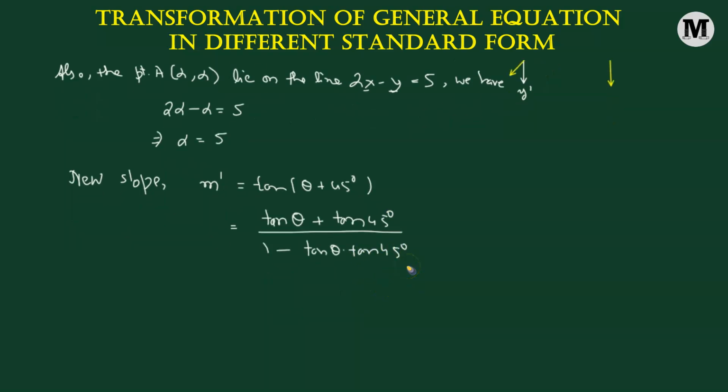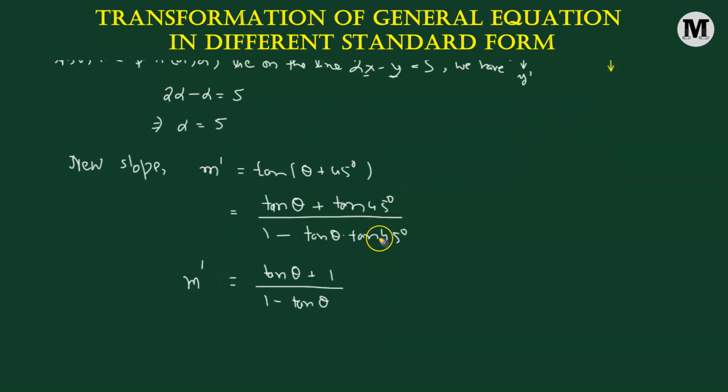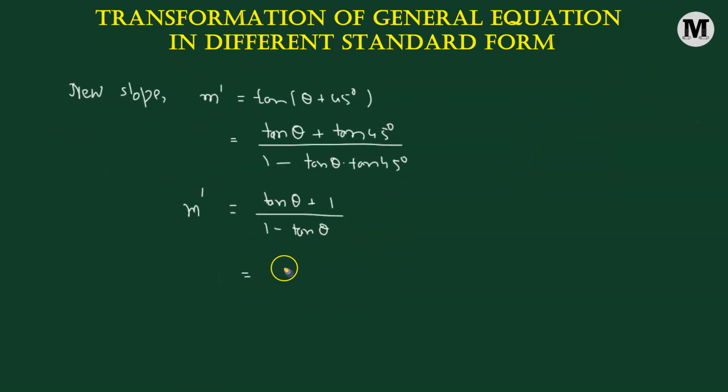Tangent of 45 equals 1, so we have tangent of theta plus 1 divided by 1 minus tangent of theta. We already obtained tangent of theta as 2, so substituting, we get 2 plus 1 divided by 1 minus 2. So m prime comes out to be negative 3.